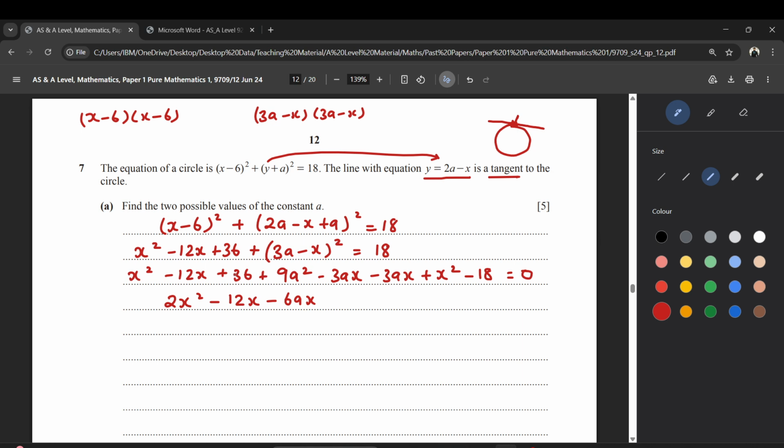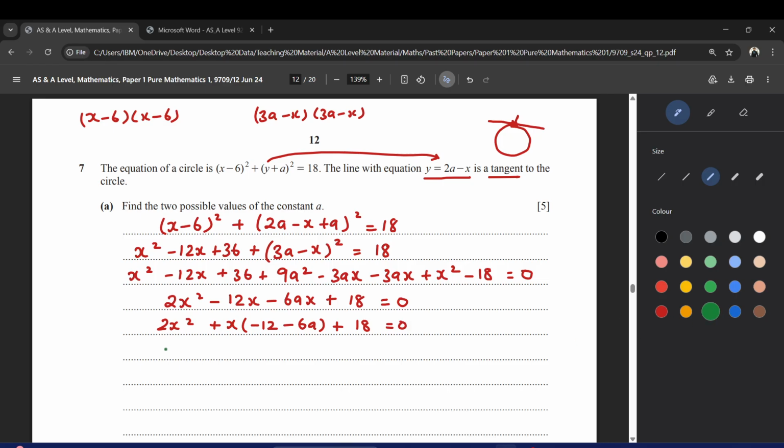Then the constants, we have 36 and we have 18. So 36 − 18 would be plus 18 equals 0. Last step over here would be to take x common, so I would be left with 2x² + (−12 − 6a)x + 18 = 0.